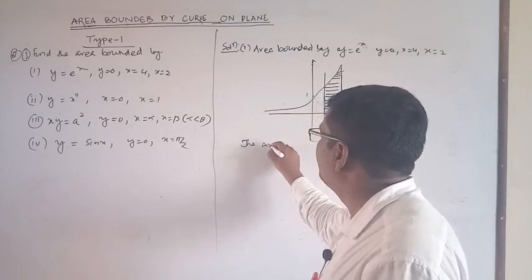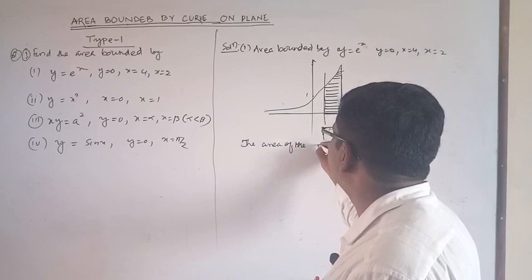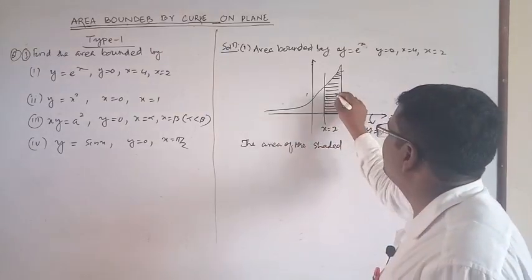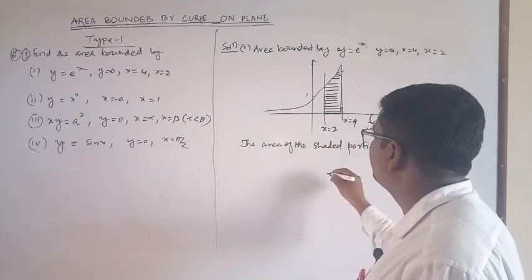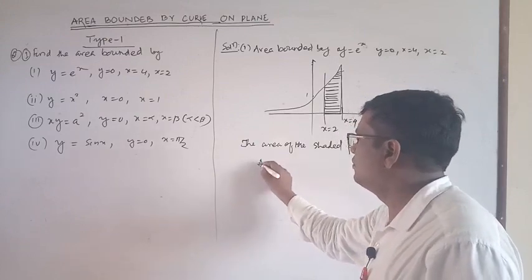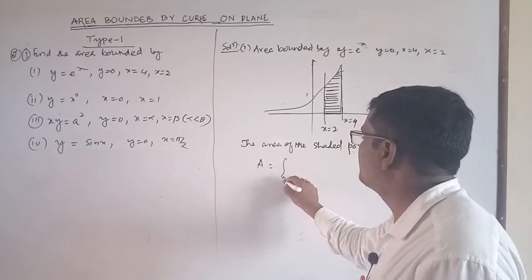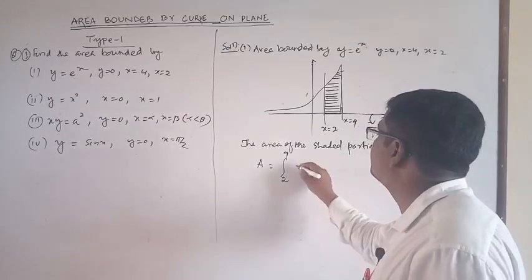The area of the shaded portion is A is equal to the integral, where the lower limit is x is equal to 2 and the upper limit is 4, of y dx.